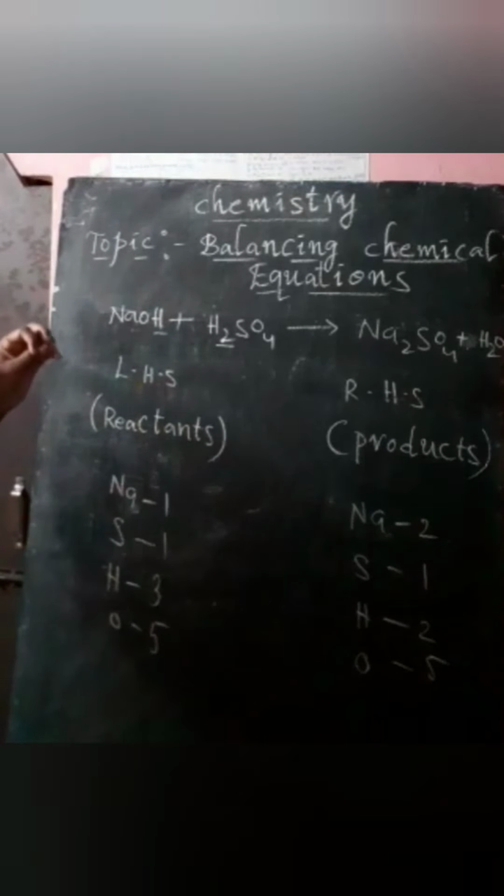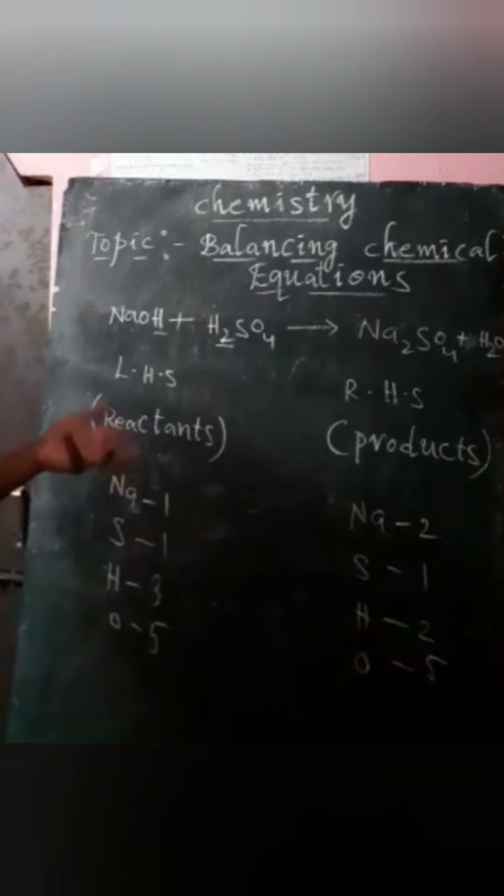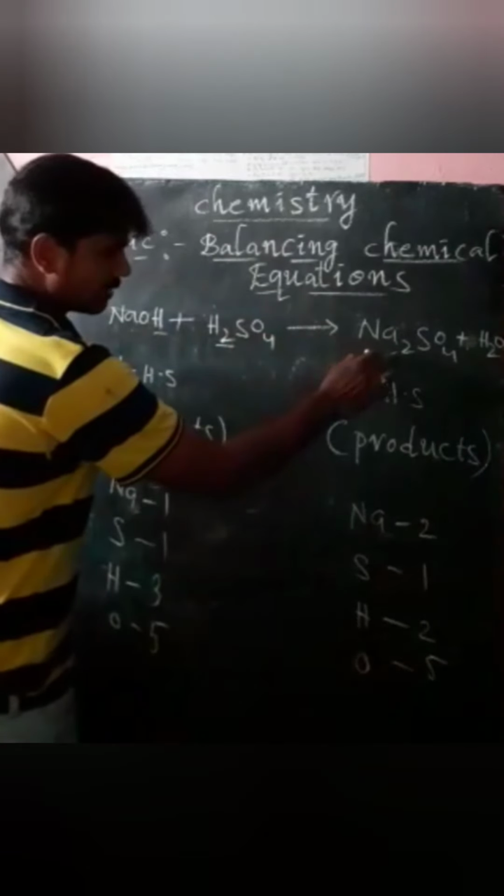The number of atoms is unequal. So we have to multiply by a suitable coefficient in the given equation. Then we can change the unbalanced equation into a balanced equation. Here the sodium atom is 1 and here 2. That's why I will put 2 here.